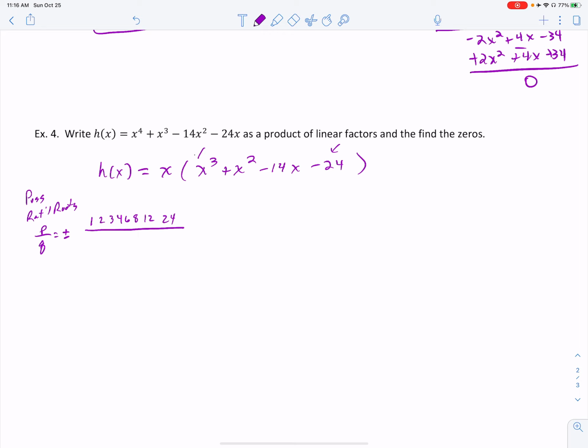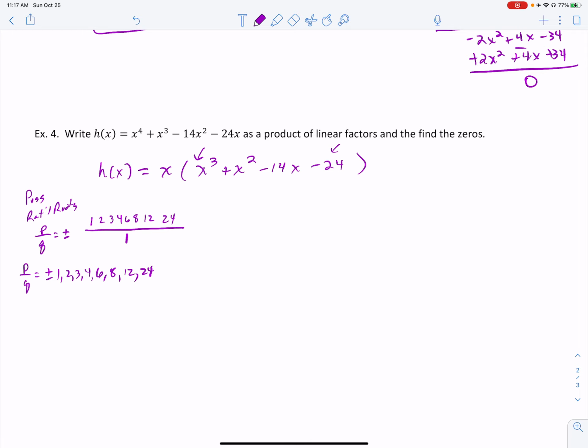And then factors of 1 are just 1. So my possible rational roots are plus or minus 1, 2, 3, 4, 6, 8, 12, and 24. Now, it might take you a while to get those, but now that we have them listed, I could go to Desmos.